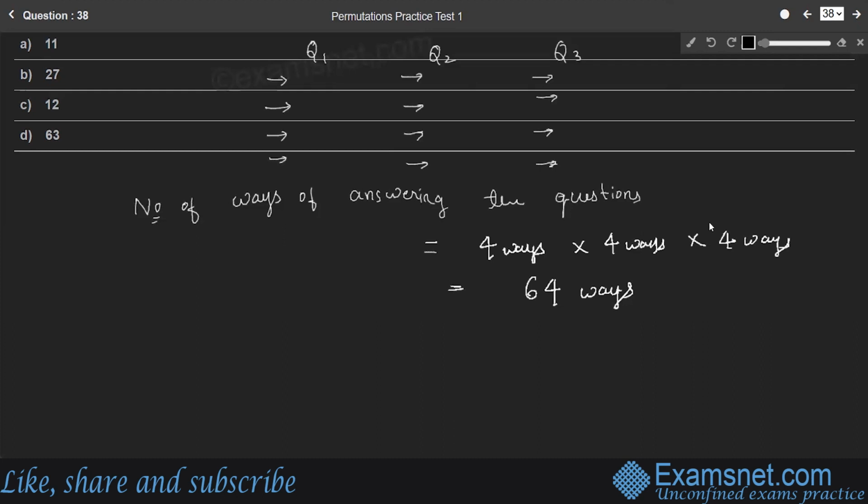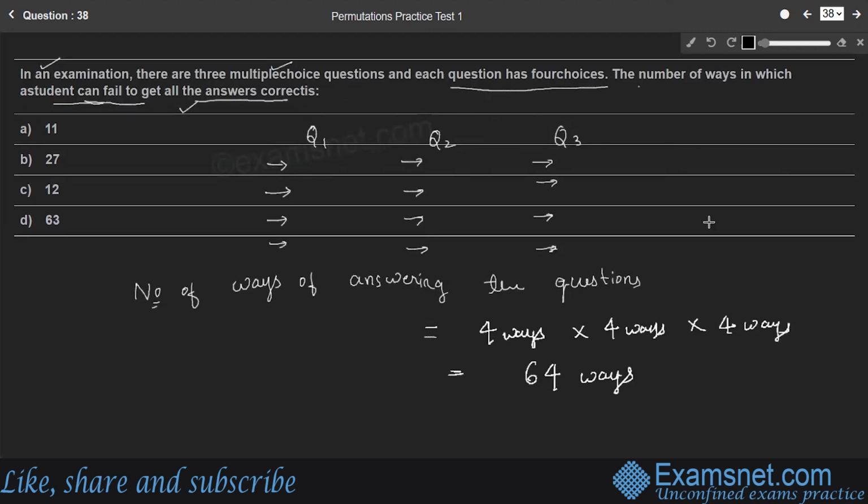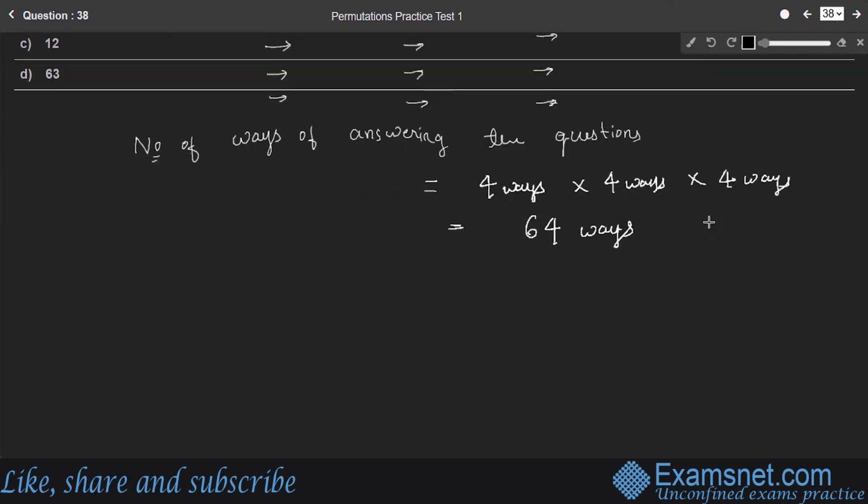Out of 64, only one way of answering is correct, because there is only one correct answer for each question. Therefore, the number of ways of answering the correct answer.